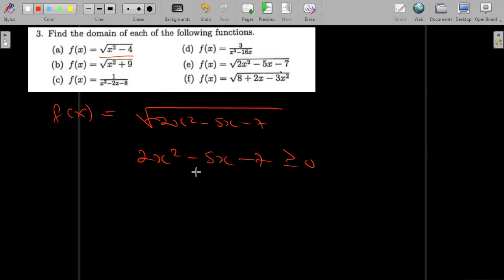So how can we do that? When we multiply, the product is like negative 14, and the sum is negative 5. What are our factors going to be here? When we multiply, we must get negative 14, and when we add, we get 5. So what are my factors?